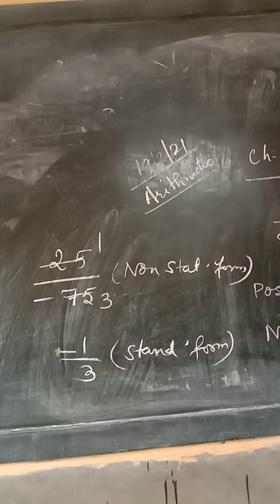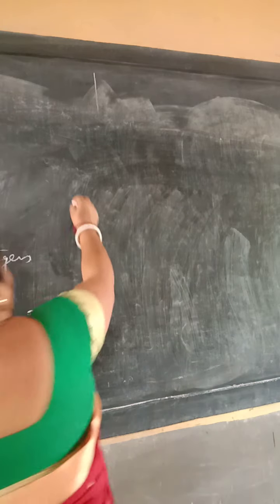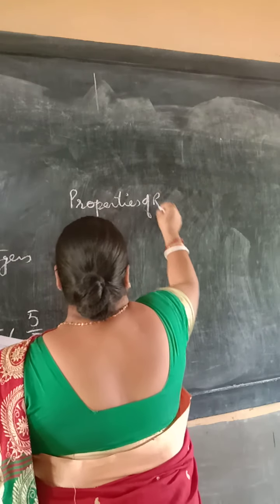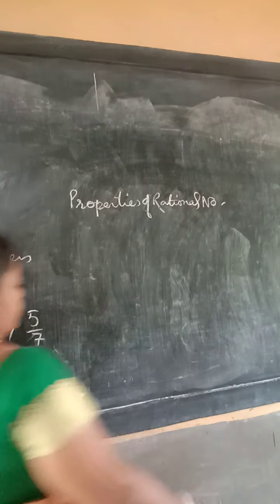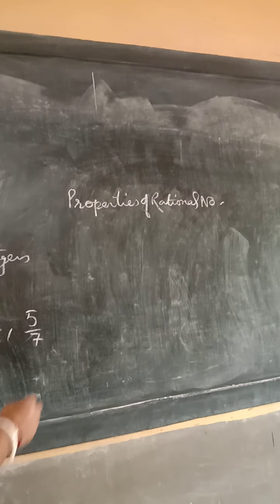Now we have certain properties for rational numbers. Closure property: when we add two rational numbers, the answer is a rational number. Commutative property, we will be seeing now. The first property of rational numbers is closure.